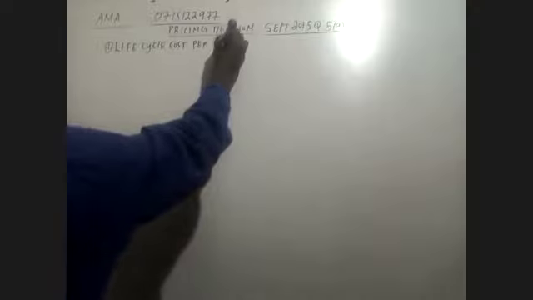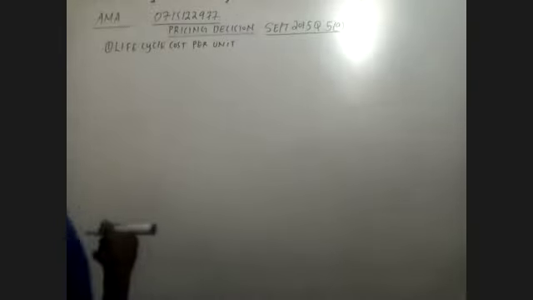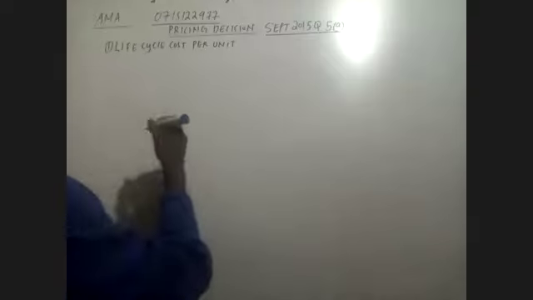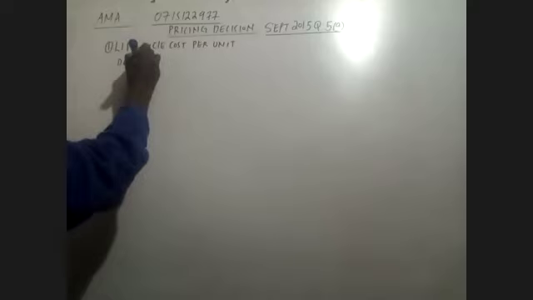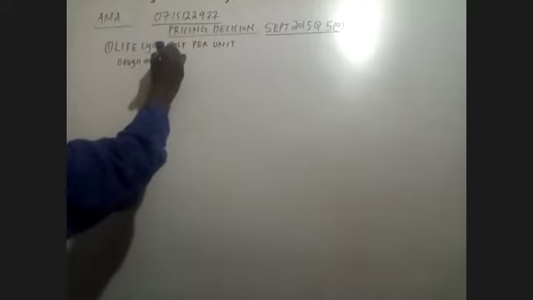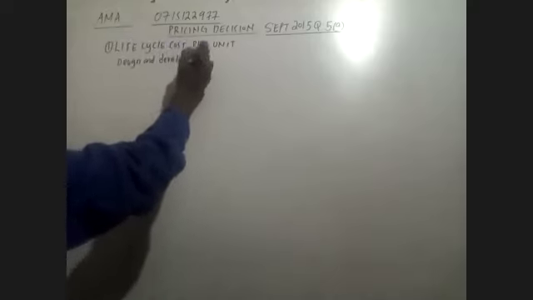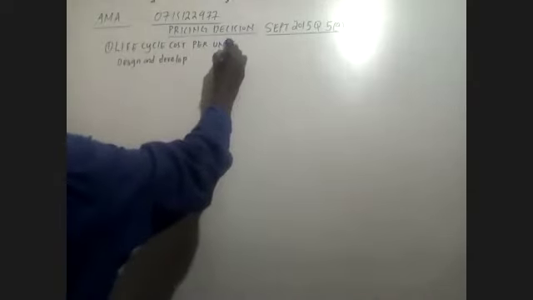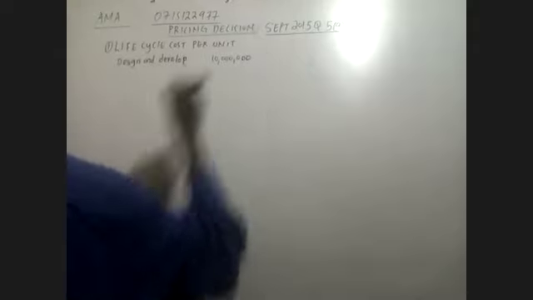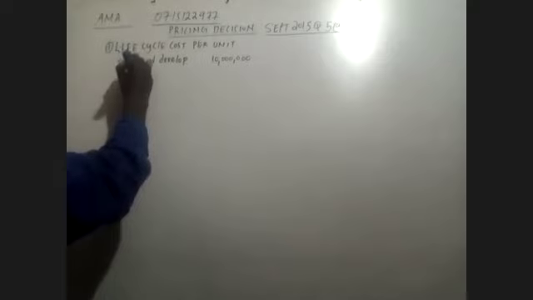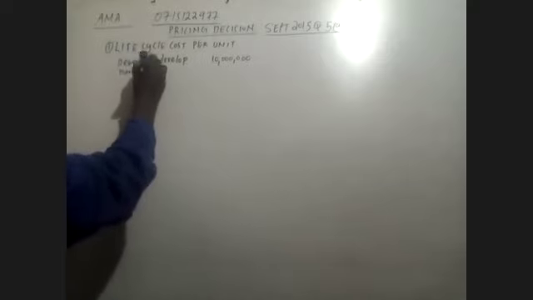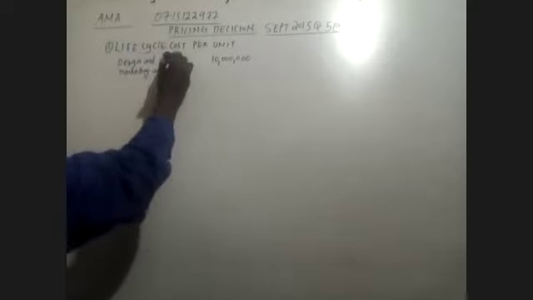Let me call it CU, cost per unit. Meaning when we multiply 100,000 by cost per unit. Or let me use X. Let cost per unit be X. Or let it be Y, so we multiply by Y, to make it easy. So here it will be 100,000 Y, where Y is our cost per unit.